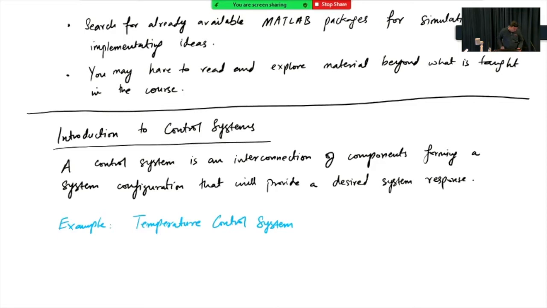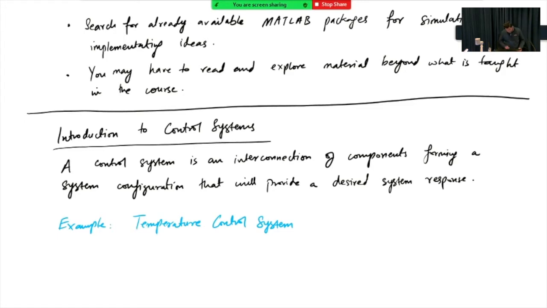What you do is you set a temperature that you want to attain, and then the HVAC turns on, and it will also turn off and on in a way that you achieve a desired temperature.